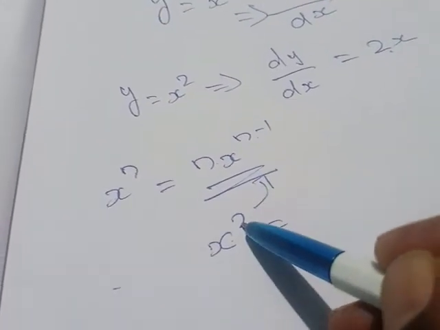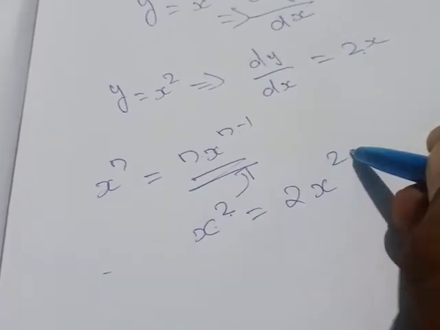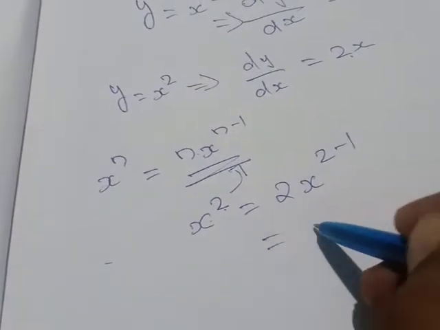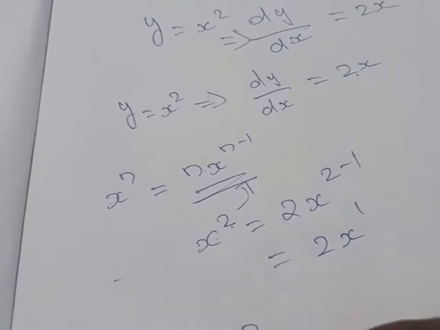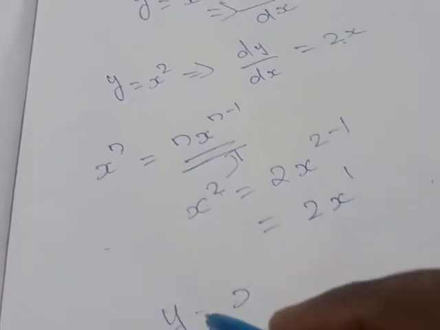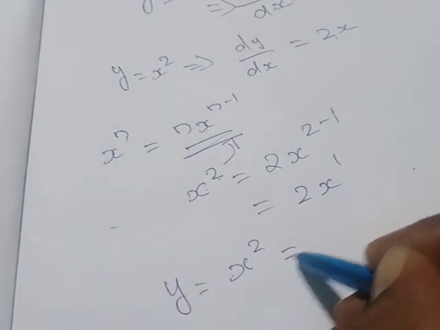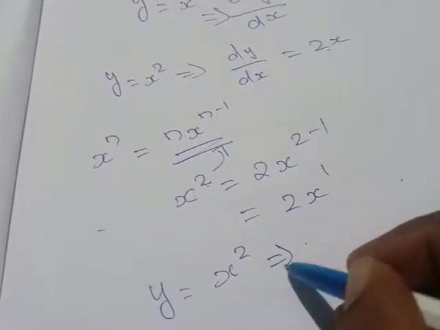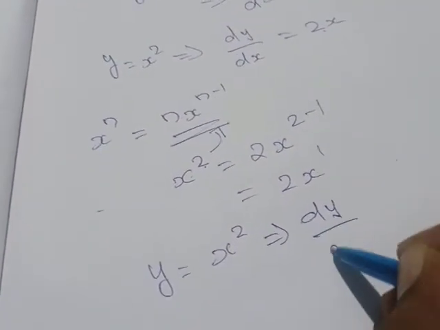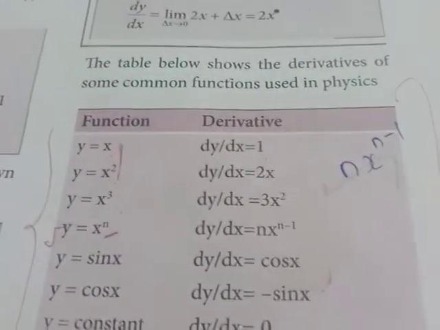So x power 2 means 2 x power 2 minus 1, and 2 minus 1 is 1. So y equal to x square, its derivative form dy by dx is equal to 2x. That is the second one.